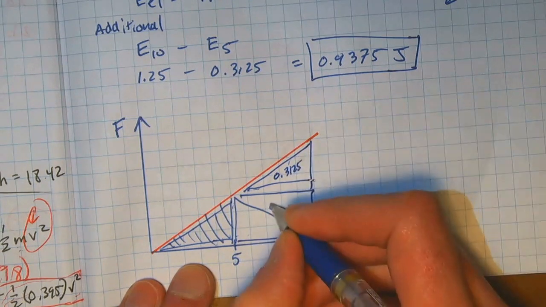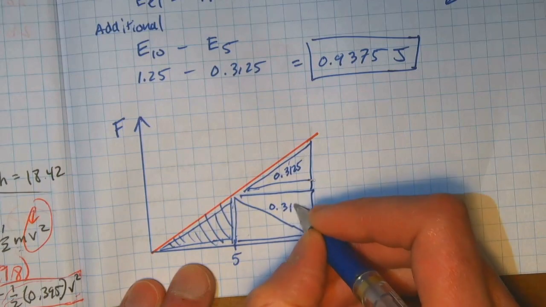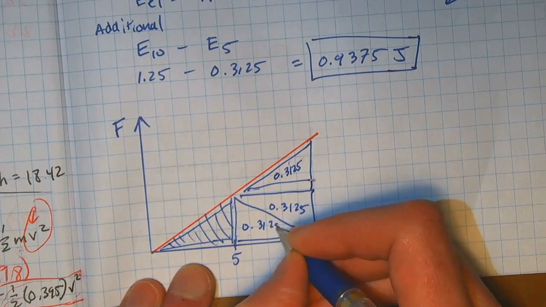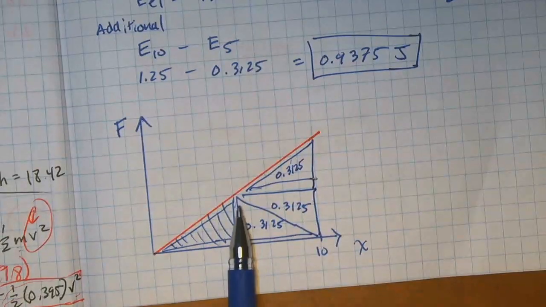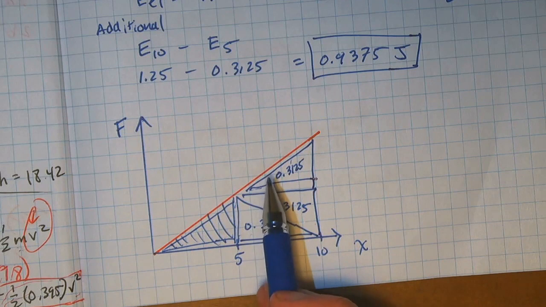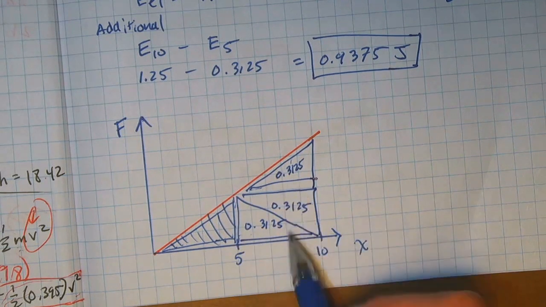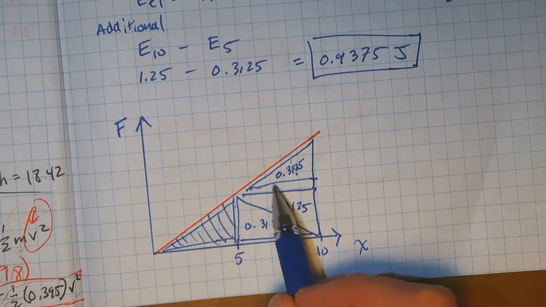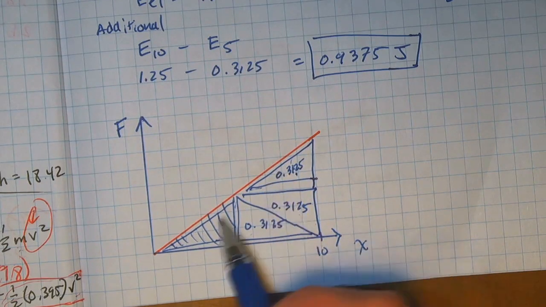Each one of these is 0.3125. So anyway, we'll note that you've doubled the amount that you've stretched it, but that's actually added 4 times as much energy, or an additional 3 times as much energy. We added 3 times as much energy by stretching it twice as far.